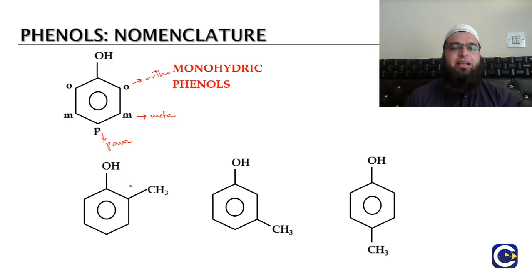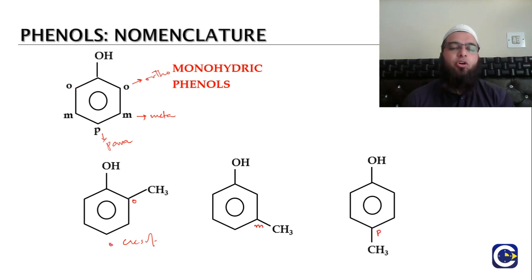And look, this is an example in which we have a phenol with a methyl group attached to it. This compound, as we already said, is called cresol. The general name of this compound is cresol. This is the ortho position; in this compound the methyl group is at the meta position, and in this the methyl group is at the para position.